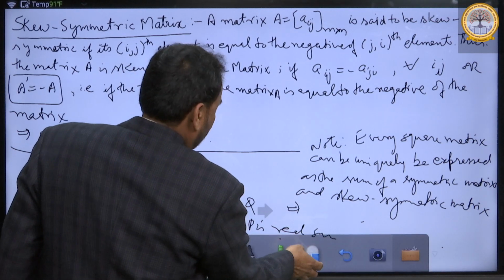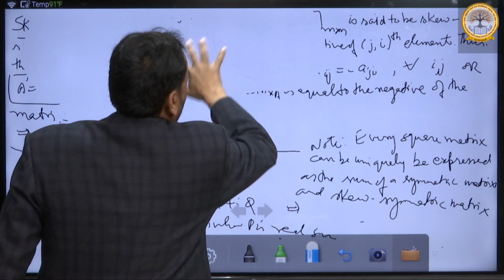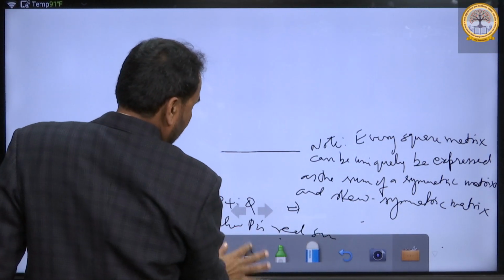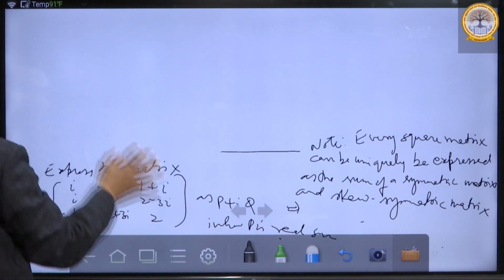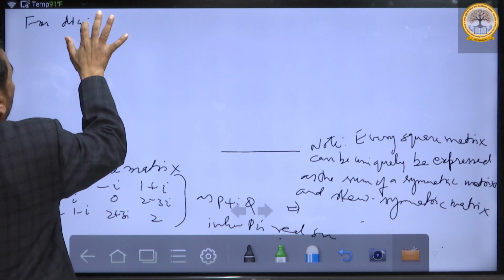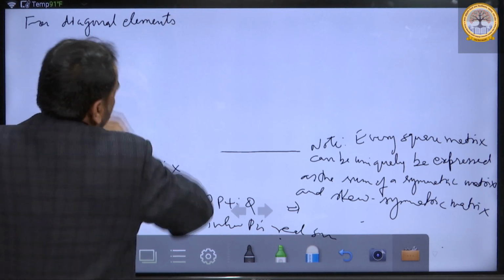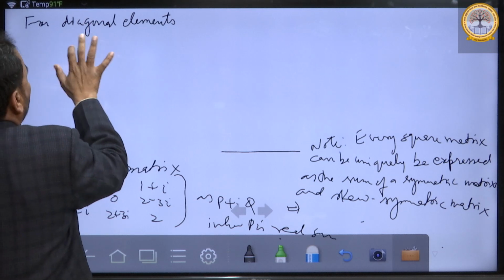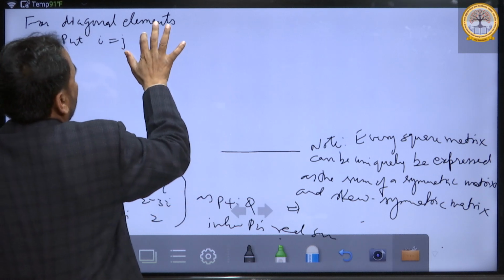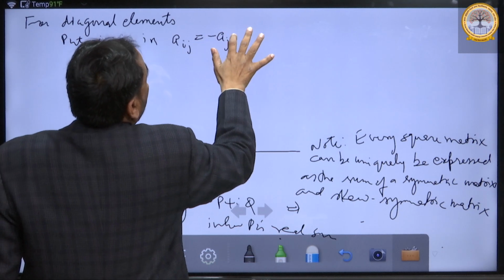So for diagonal elements, put i is equal to j in Aij is equal to minus Aji.